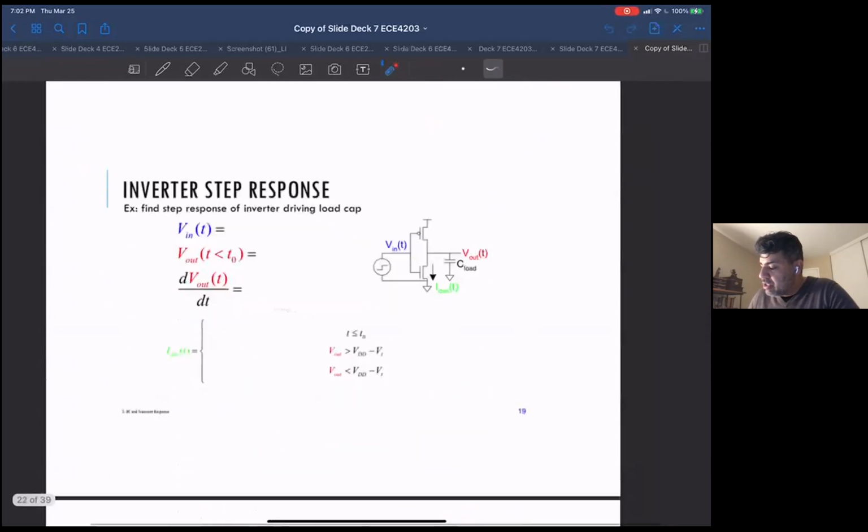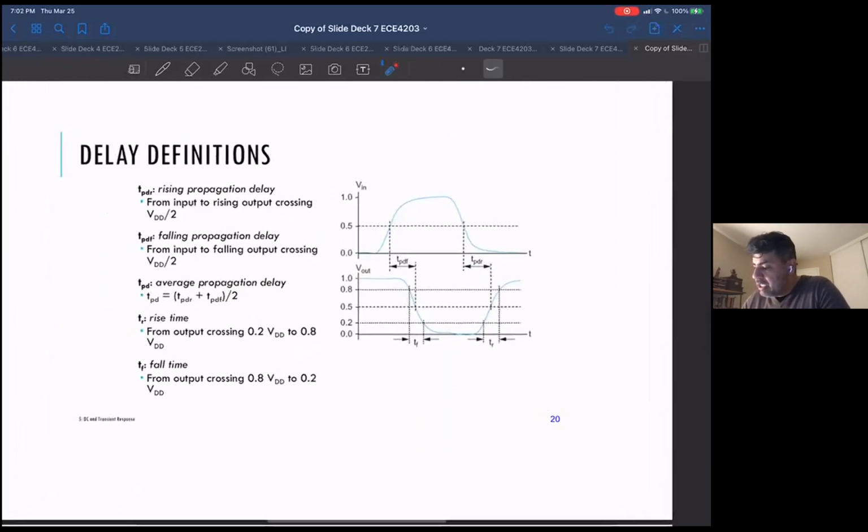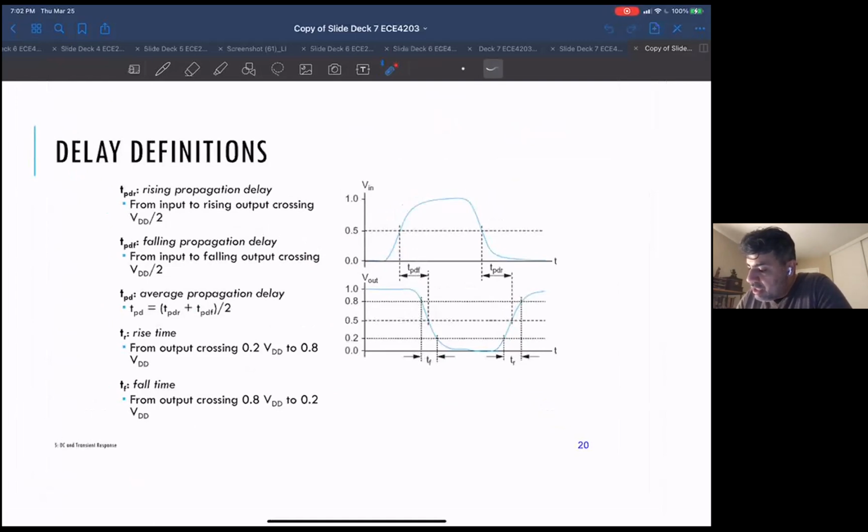So for example, remember if we looked at an inverter, and we had a V in and a V out. If you look at a realistic transient, this is time on the horizontal axis and voltage on the vertical axis, and this is the input. It doesn't quite look like our square wave, something like this.